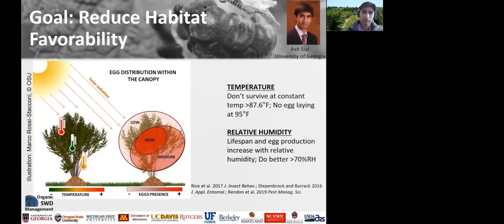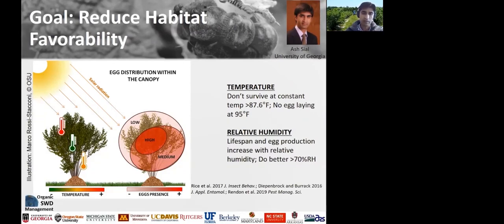When we go out in the field and look at, for example, a blueberry bush, what we notice is that the temperature within the center of the blueberry bush canopy is lower as compared to the lower or upper portions of the canopy.